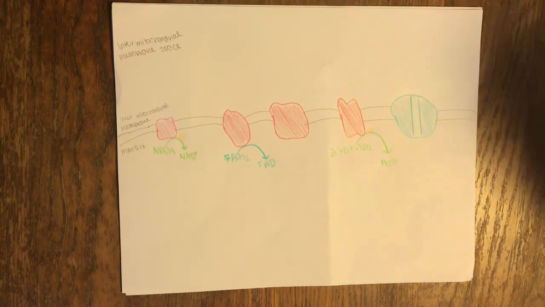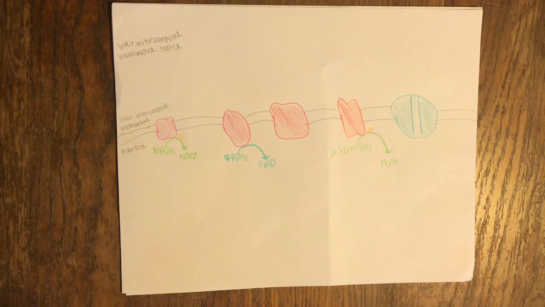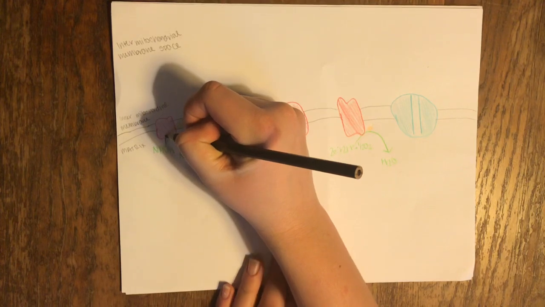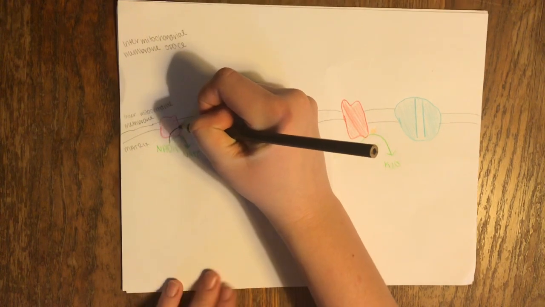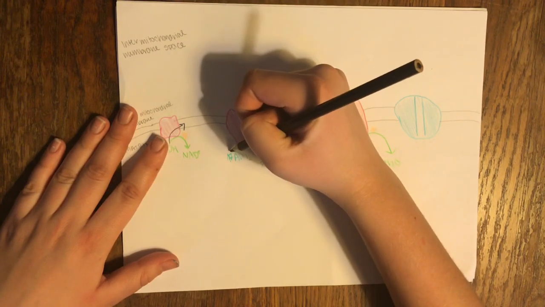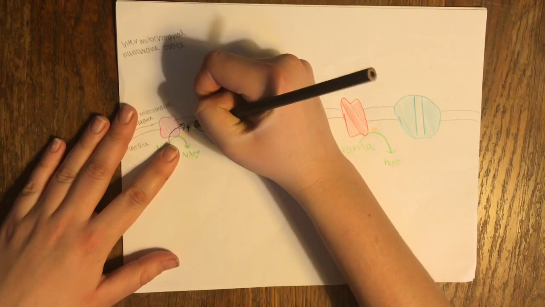And now we're going to talk about the movement of electrons. So the electrons are going to be released from this, and they're also going to be released from here.